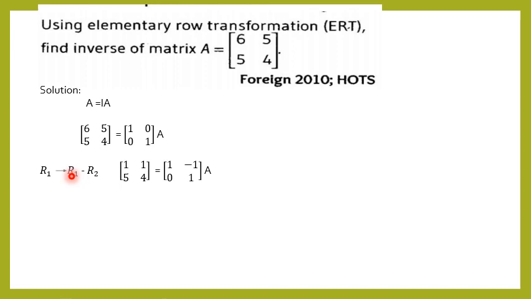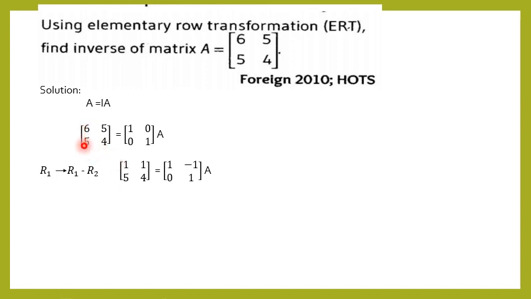Here, first, we need to convert 6 to 1. So, how is it possible? There are so many ways, but here we choose the easiest way. Here, the first element is 6, and the second element in that first column is 5. When we subtract, 6 minus 5, we get 1.